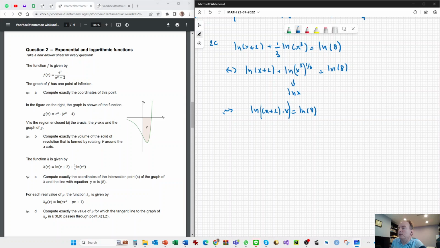That's also equivalent. It's also part of the materials to say that this thing inside, so x squared plus 2x is 8, which is equivalent to x squared plus 2x minus 8 is 0.